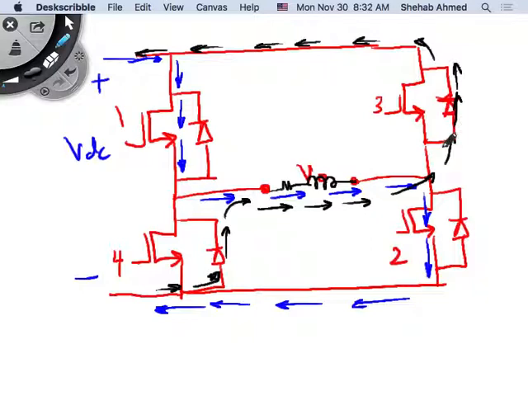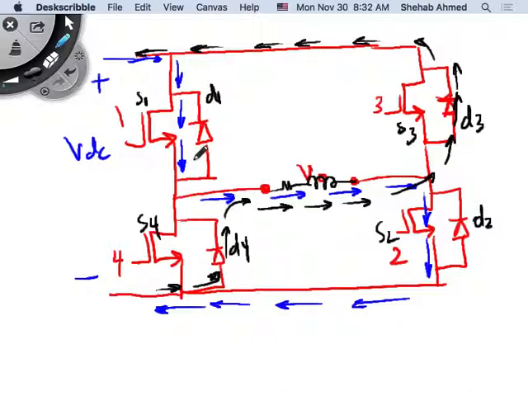So let's say this is S1, and this is D1. S3, D3. S4, D4. S2, D2.